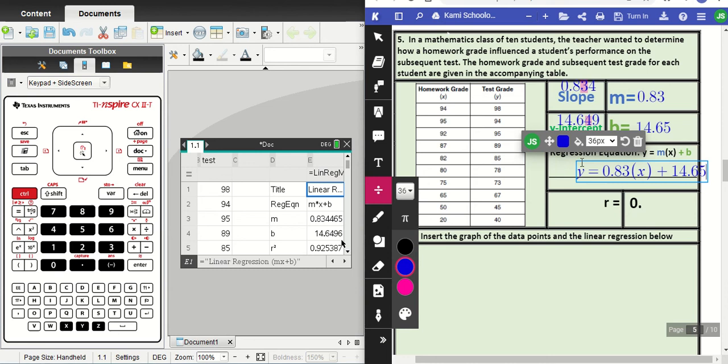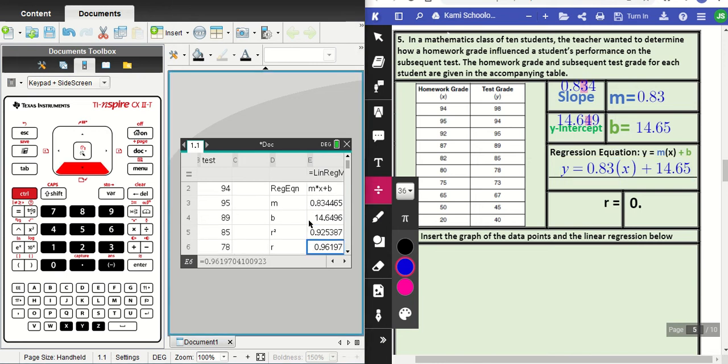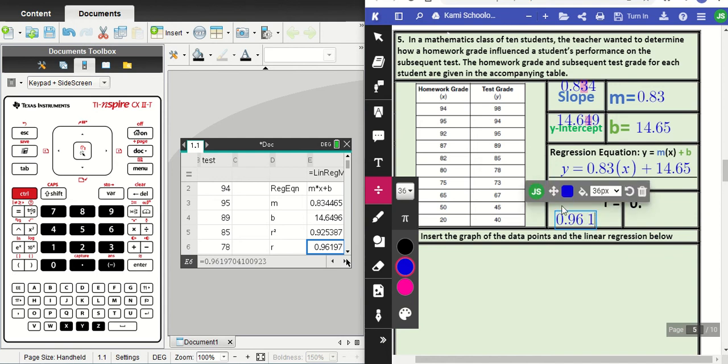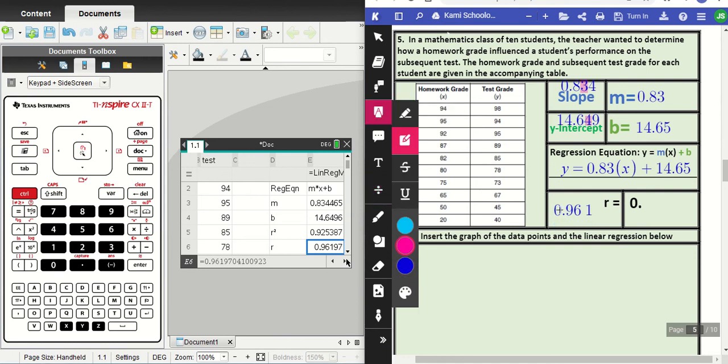Now, when I look at my R value in this case, the R is 0.961. So, again, the number in question is just the 6. I'm rounding to 2 decimal places.